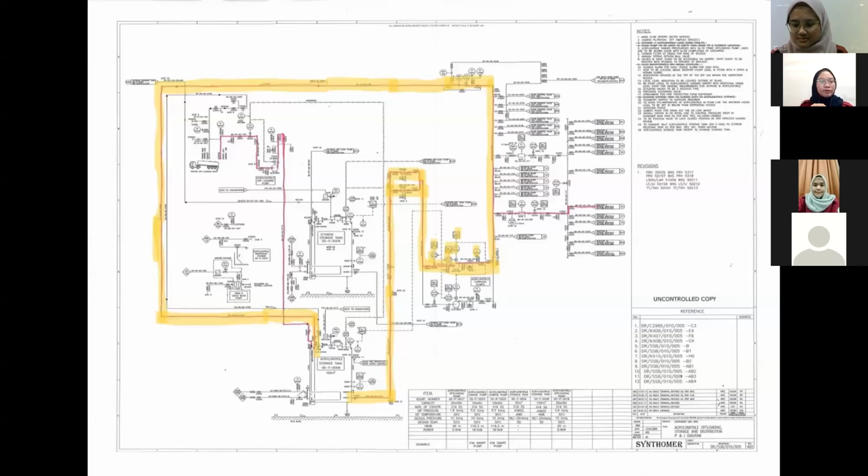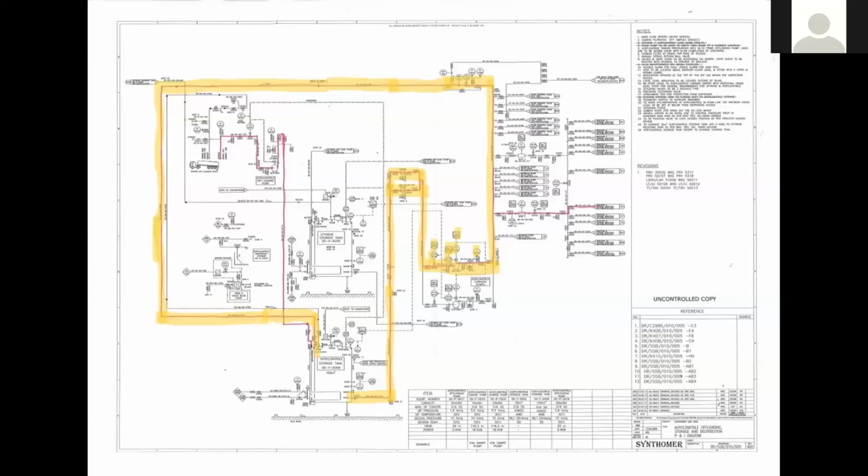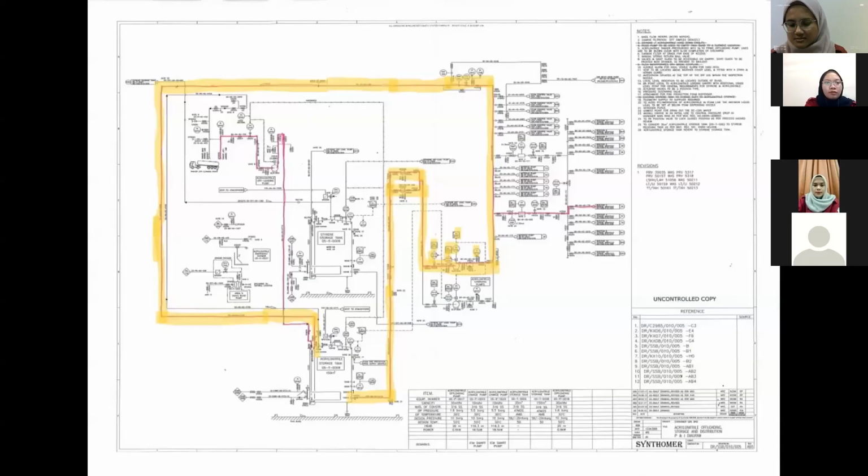It will start at this part, and it will start with the storage tank for the flow nitrate storage tank.